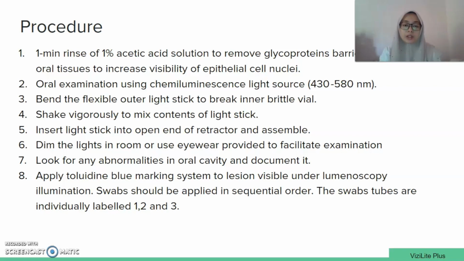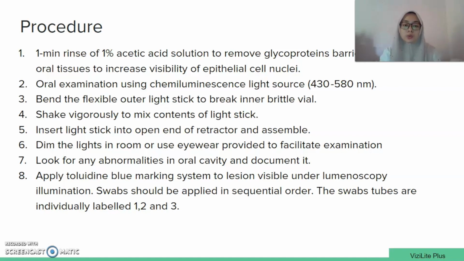Bend the flexible outer light stick to break the inner brittle vial so that the hydrogen peroxide can undergo chemical reaction with the acetylsalicylic acid. This is to activate the light stick. Then shake vigorously and insert the light stick into the open end of the retractor and assemble.